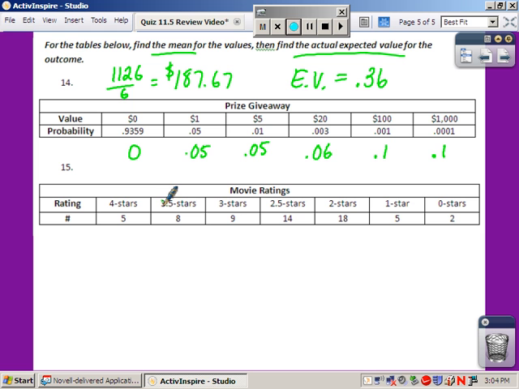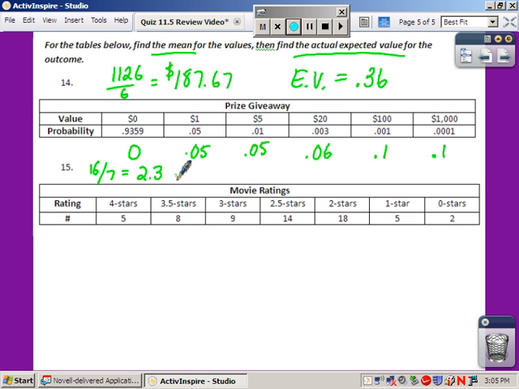And I've got to divide it by 7. I get about 2.3. So if everything was equally likely to happen, your average should be 2.3.